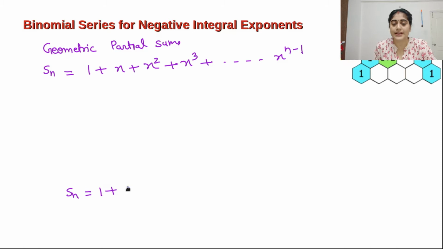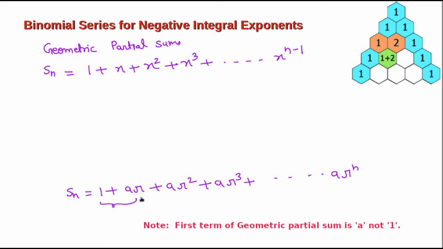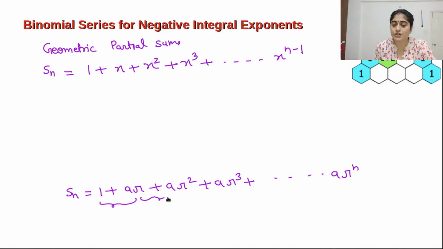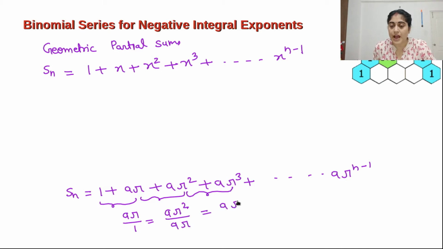If you don't remember this geometric partial sum, I will show you. It looked like a r + a r^2 + a r^3 and so on, when we were studying it. The ratio of consecutive terms is always the same: ar divided by a equals ar^2 by ar equals ar^3 by ar^2, which is r only.